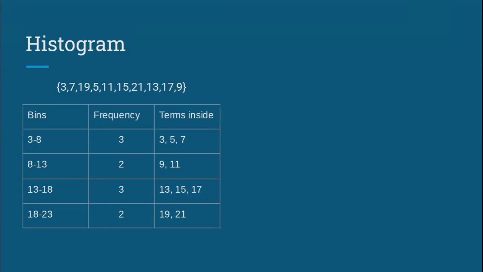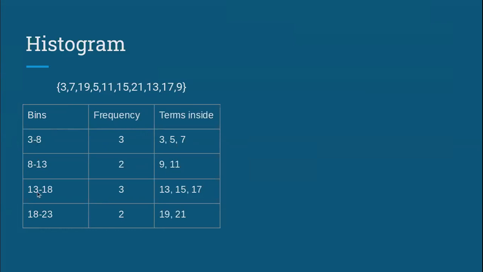Remember, a frequency table, which is what this is, helps you organize your data. So not only do you have the bins, but you see the terms that are in the bin. And remember, the low end goes in the current bin. The high end goes in the next bin.